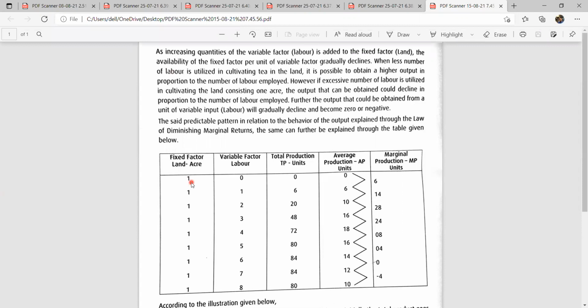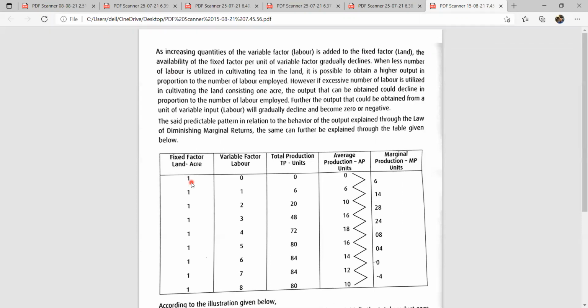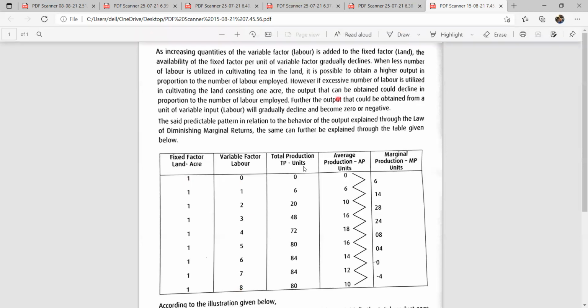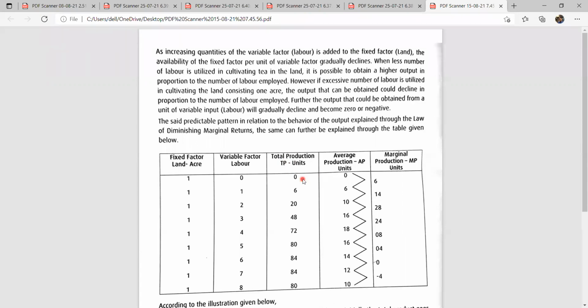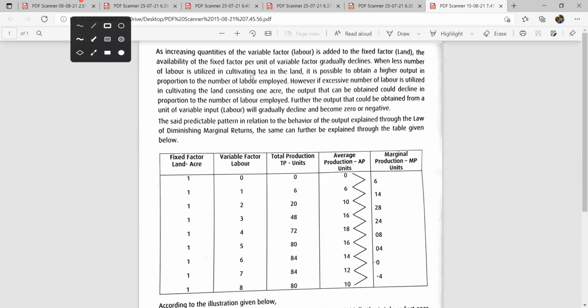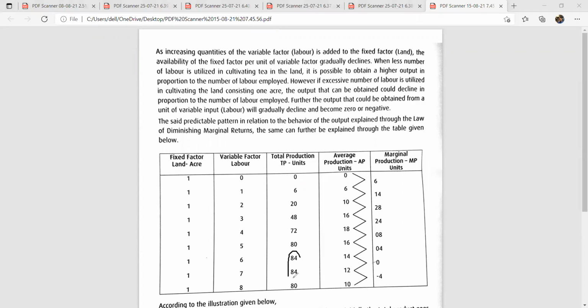The number of the fixed factor, like an acre of land, is fixed, but the number of the variable factor, like labor, increases gradually. Total production is TP or TPP, total physical product. When the number of workers is zero, of course, output is zero. Then gradually it increases, then there is a maximum output, 84.